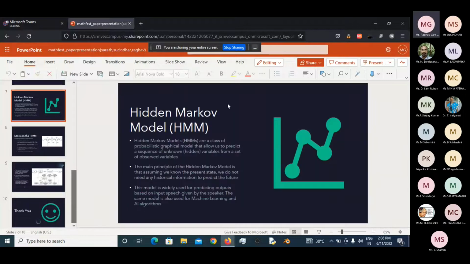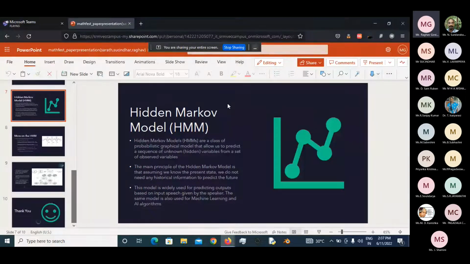Okay, moving on, we'll talk about the hidden Markov model. The hidden Markov models, or HMMs, are a class of probabilistic graphic models that allow us to predict a sequence of unknown variables from a set of observed variables.